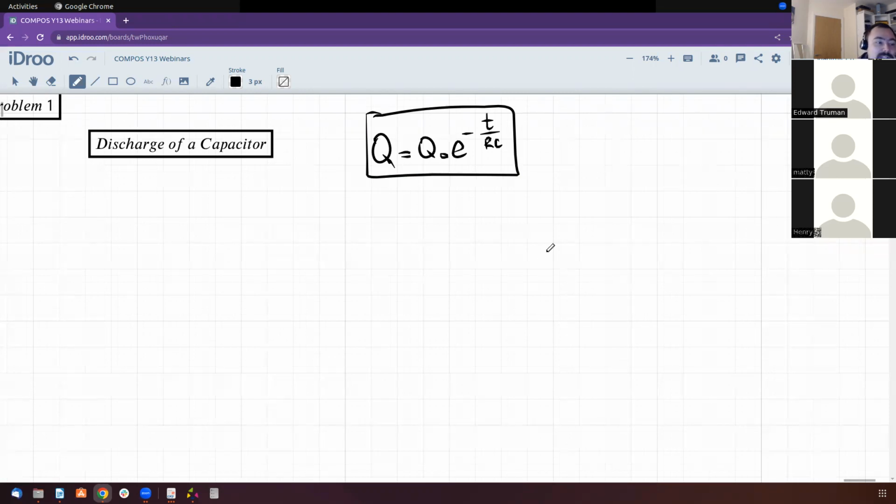So this is the equation for the discharge of the capacitor. This is A-level stuff. If you haven't done it at school, you will do it very, very soon.